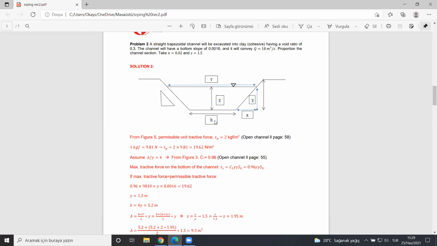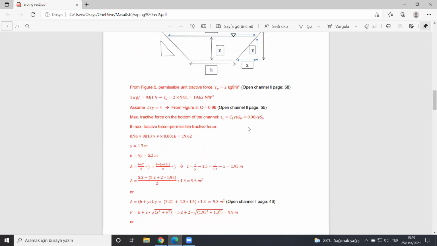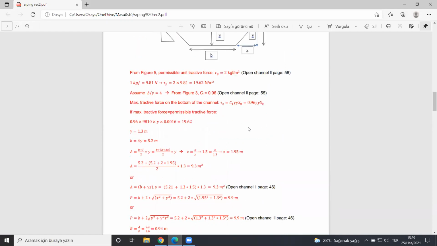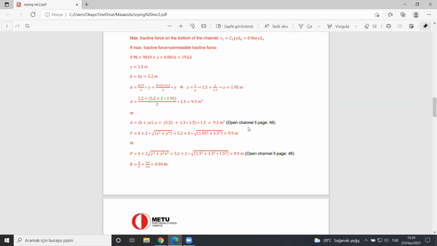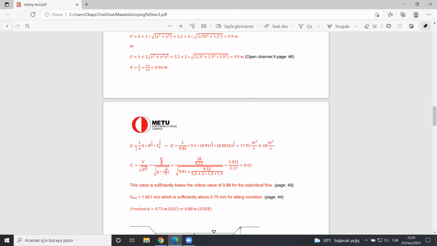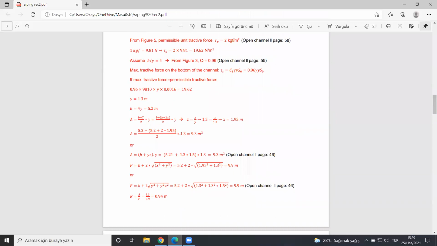After we find b and y, to decide the discharge from the Manning's roughness equation, we need this area, we need this R value. So let's start calculating the cross-section area, then we will calculate this R. Since we know n and slope, then we can easily calculate the design discharge.